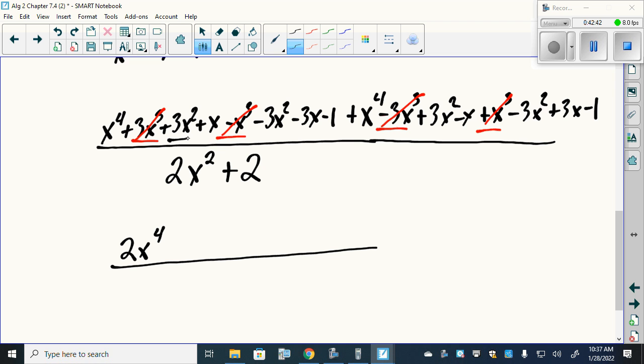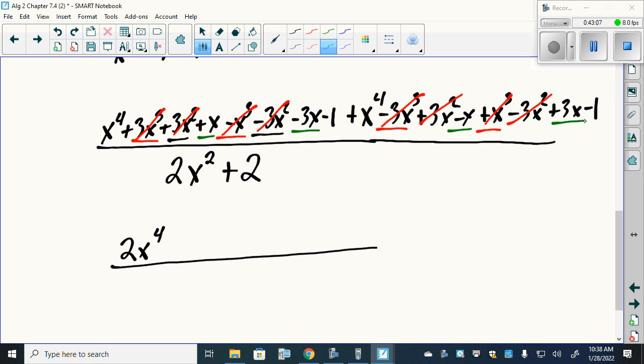Now we have 3x squared minus 3x squared. Well, those are 0. Over here, 3x squared minus 3x squared, that is 0. X minus 3x is negative 2x. Minus x is negative 3x.